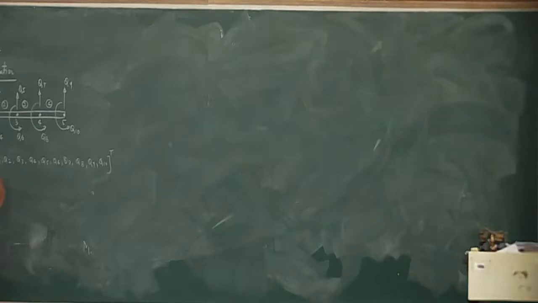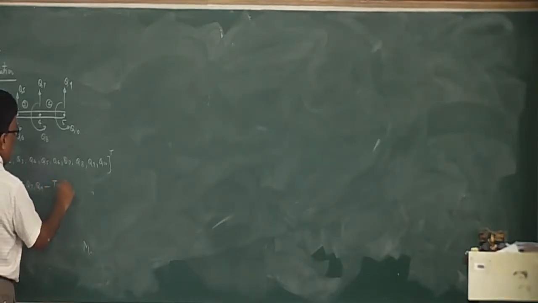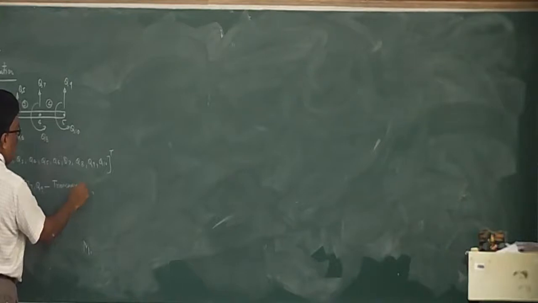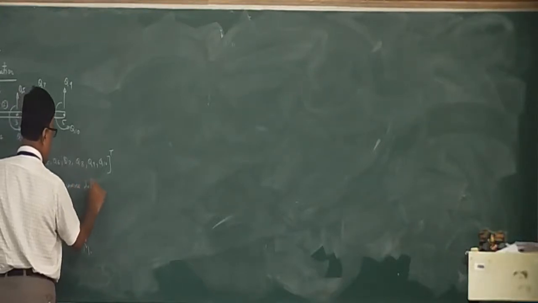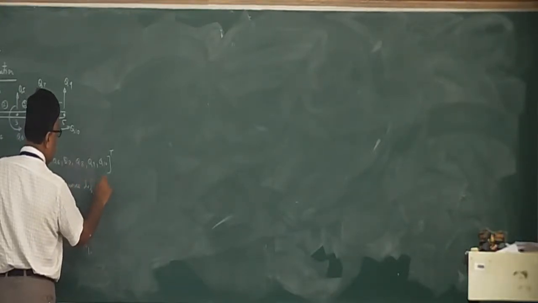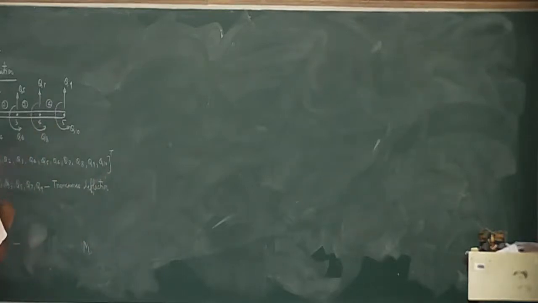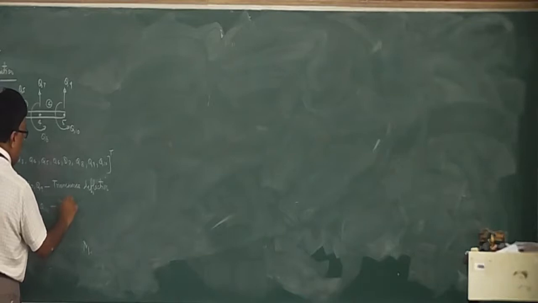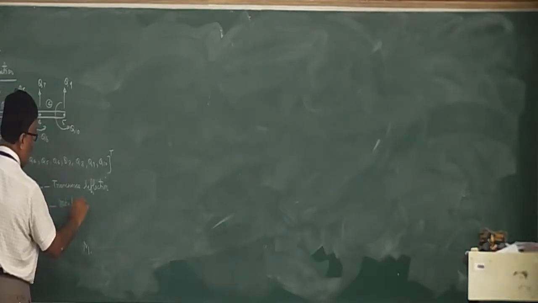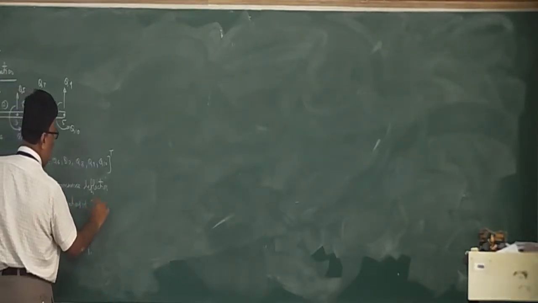Out of these, Q1, Q3, Q5, Q7, and Q9 are nothing but the transverse deflections. These are all vertical deflections only. Whereas all the even numbers like Q2, Q4, Q6, Q8 and Q10 are all the rotations or slopes.